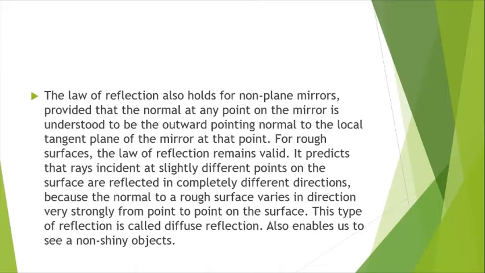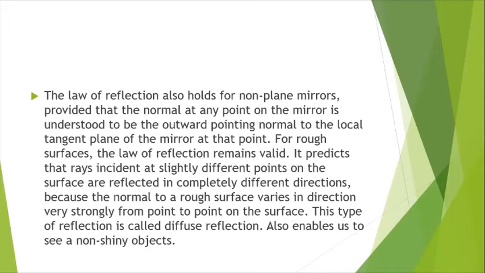Okay, bakit nagkakaroon ng diffuse reflection? Kasi nga ito yung mga gawa ng non-shiny object. Ibig sabihin, hindi perfect yung pagkaka-reflect ng light rays, because of the effect of the rough surfaces, yun yung effect nun.